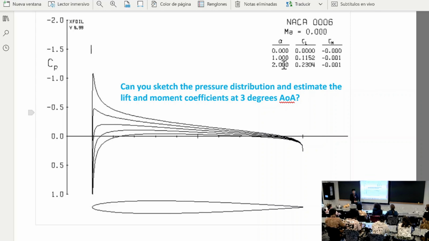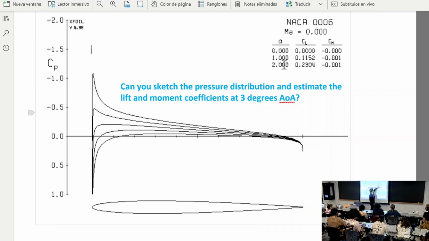I think we already looked at a similar question of estimating the lift and moment coefficients, right? The moment coefficient shouldn't change as you change the angle of attack, right? So here, because the airfoil is not exactly infinitely thin, it does change, but almost not changing, right? So your estimate is probably going to be that the moment coefficient is the same as this.